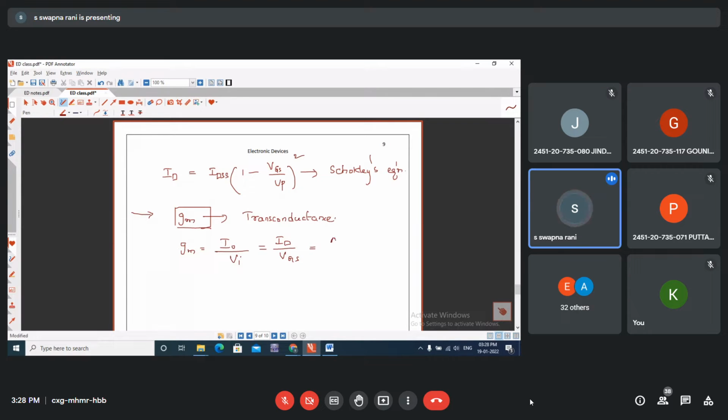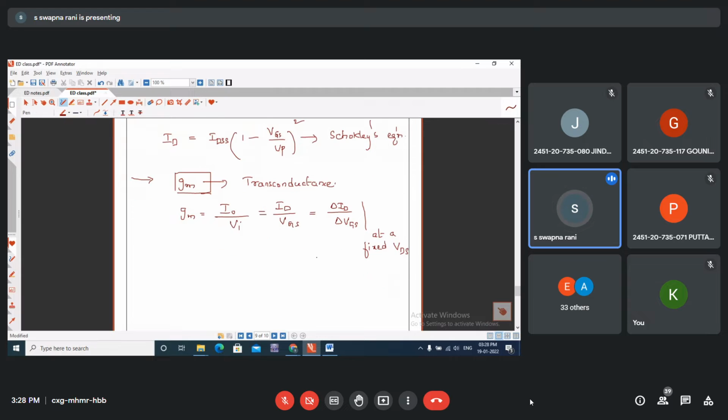So we need to use the change in the drain current to the change in the gate source voltage VGS, at a fixed VDS. This is the definition of transconductance.